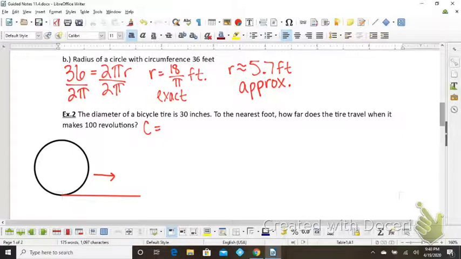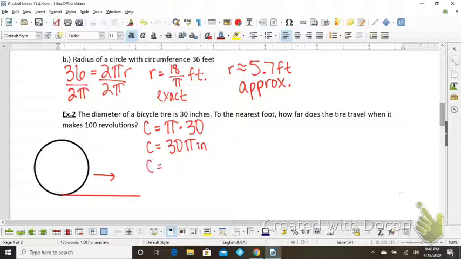So circumference, they gave us the diameter, so let's just use pi times the diameter of 30. So our circumference is going to be 30 pi inches, but if I want that in feet, I would have to divide my inches by 12.